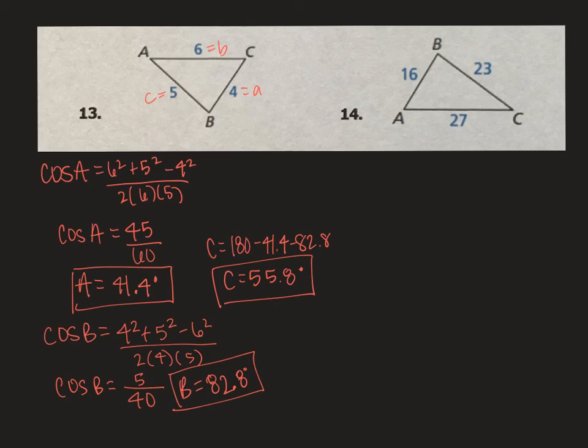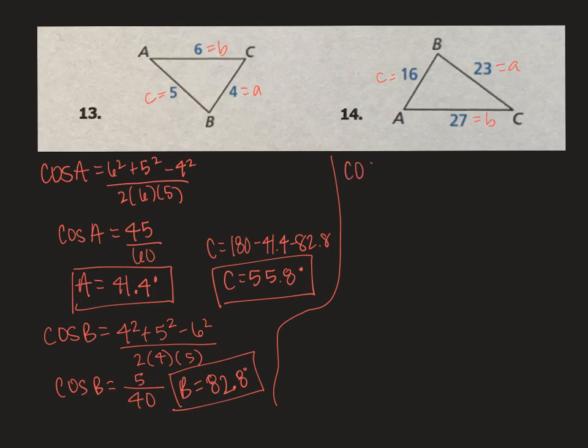So I would really like it if you would try 14 on your own. Side A is 23, side B is 27, side C is 16. If you need to follow me, go ahead and just watch again, but really try to see what you can get through on your own.